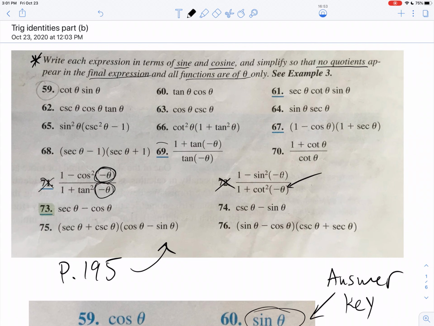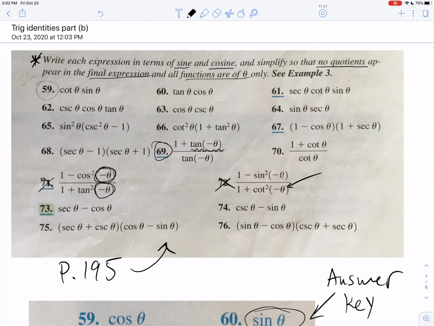Like problem number 69 here, tangent of negative theta. Isn't that just the same thing as negative tangent theta? So technically, I could rewrite the top part as 1 minus tangent theta. I could also say negative tangent theta on the bottom if I wanted to.